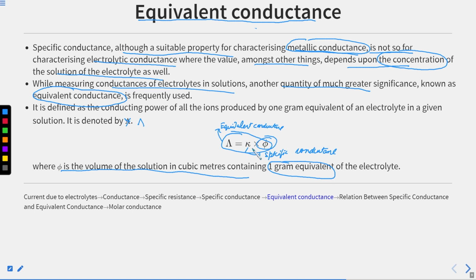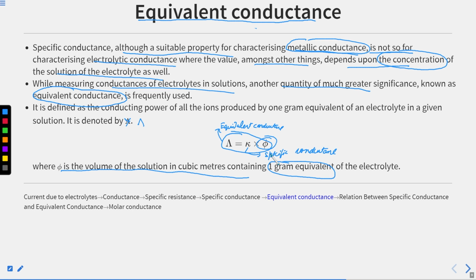So the equivalent will be put down and the volume will come up. So if I put it simply in words, equivalent conductance will be equal to kappa multiplied by phi, where phi is the volume which contains 1 gram equivalent of the substance, and this volume is given in cubic meters. So this was our equivalent conductance.